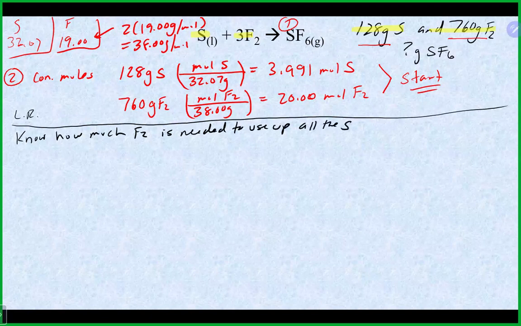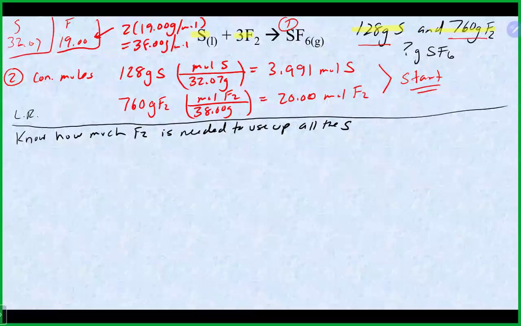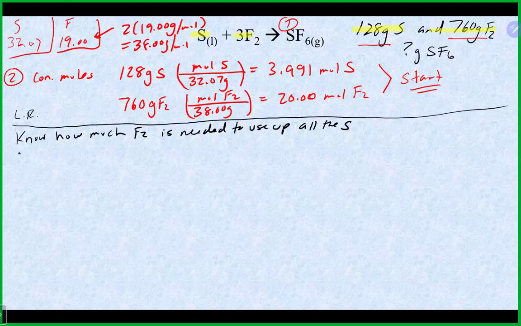So if I want to use up all my 3.991 moles of sulfur, I want to know how much F2 I need to put in there. Again, this is just a very simple stoichiometry problem. I would go 3.991 moles of sulfur, then to my balanced equation to find the relationship between the sulfur and the fluorine.